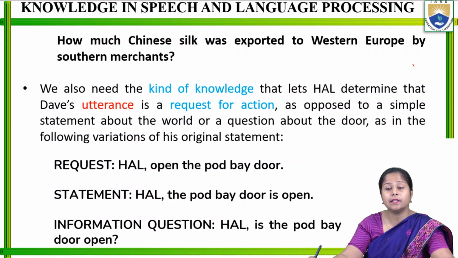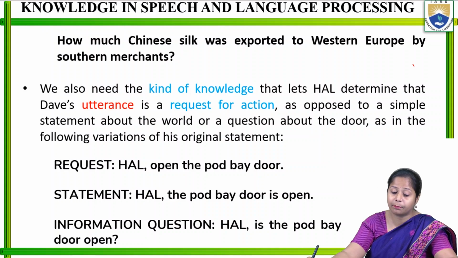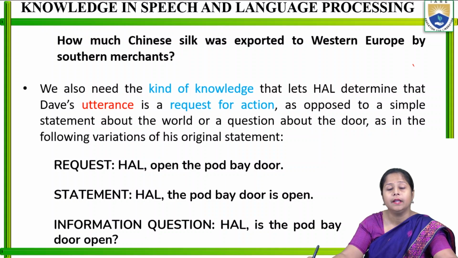So a HAL conversational system should determine that Dave's utterance is a request for action, so that the machine interprets the right words for it, as opposed to a simple statement about the door, or a question about the door. So, as in the following variations of his original statement.